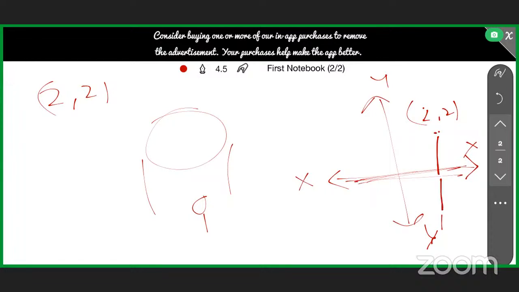Yes or no? Yes, sir. So the image of this point will come here as (2, 2), isn't it? Because the reflection is taking place with the x-axis.